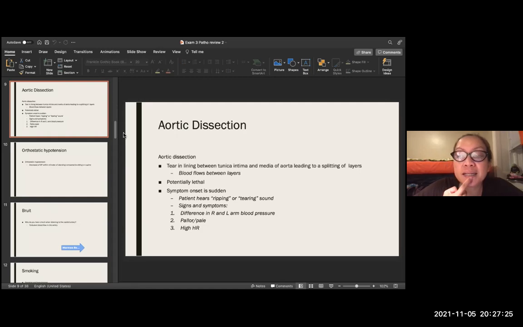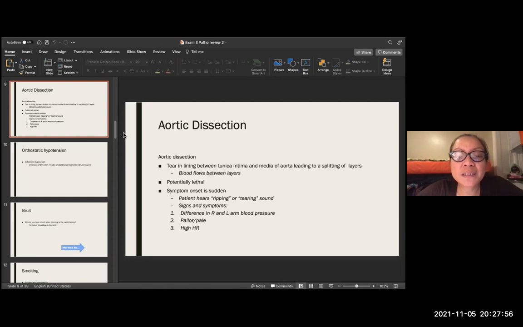And then you can see the lips are pallor or pale. Well, my lips are really dark. But if it's pale or cyanotic, you can see that. And then high heart rate. If there is a very high heart rate, you have instruments now, they take the BP and the heart rate, you just see it on the screen. You don't need to worry about it.